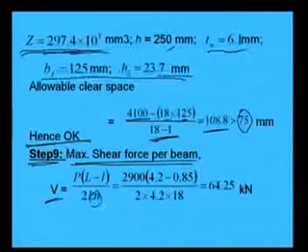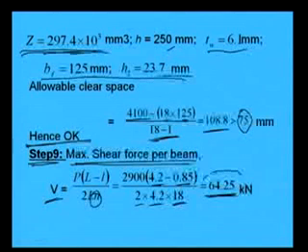If we put the value P as 2900 into (4.2 minus 0.85 by 2) by 4.2 into 18, we get 64.25 kilonewton. So the maximum shear force per beam is 64.25 kilonewton.